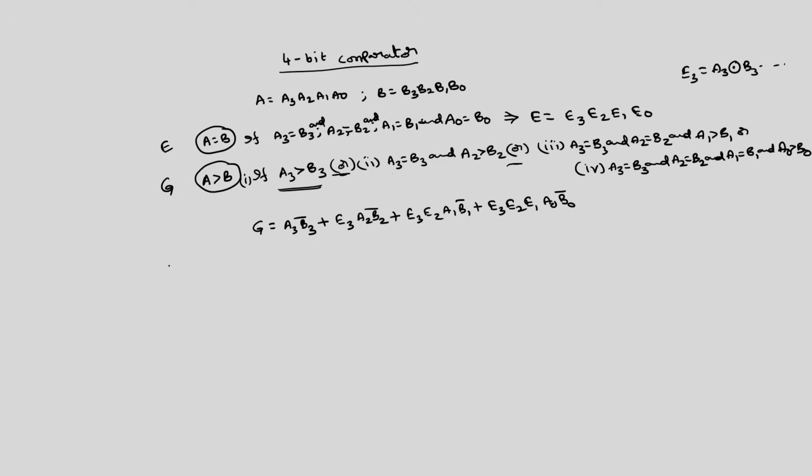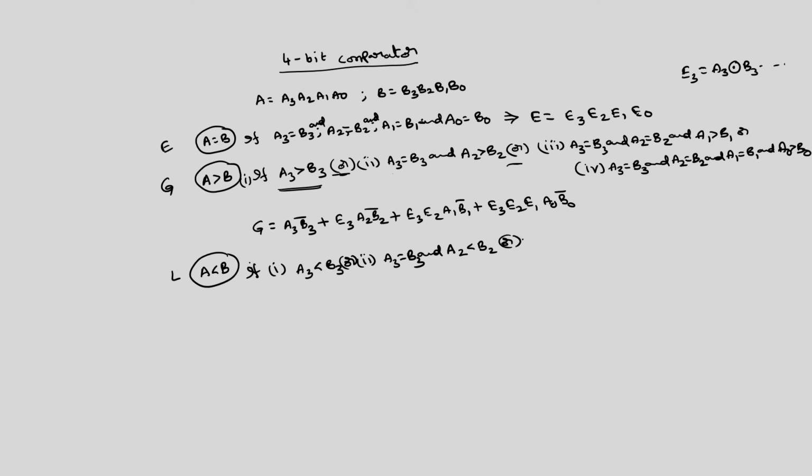Similarly, if I take the less than expression, A less than B, what are the conditions? One condition is A3 should be less than B3. Or second condition is A3 is equal to B3 and A2 is less than B2.